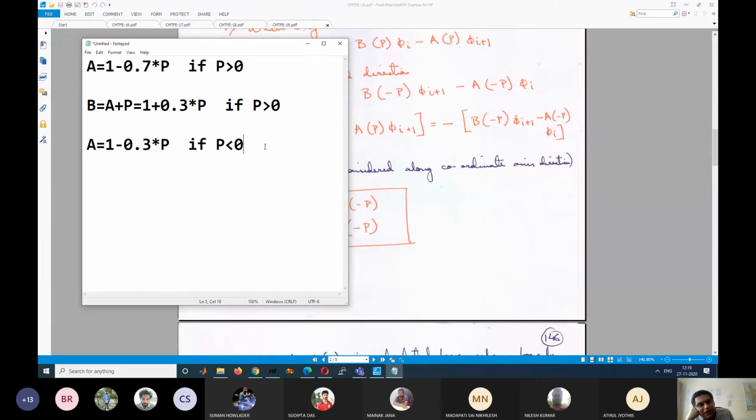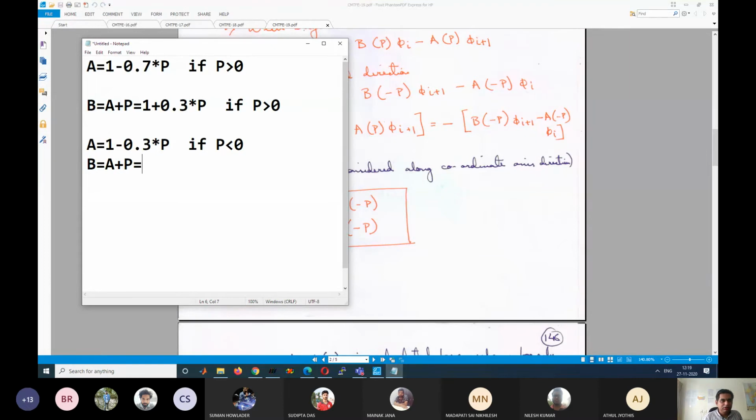Now the only thing left is b at p less than 0. How will I find b at p less than 0? A of minus p, or a plus p also I can use. Any of the things. So it is a plus p.